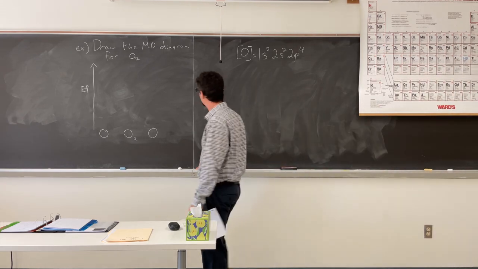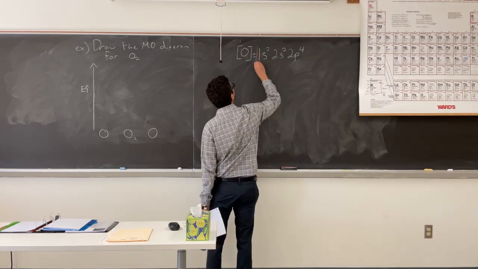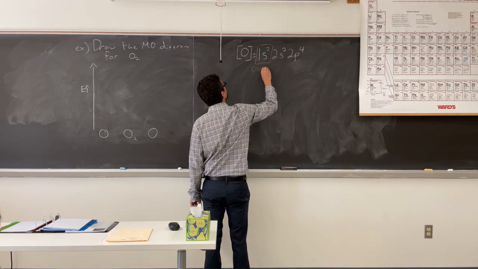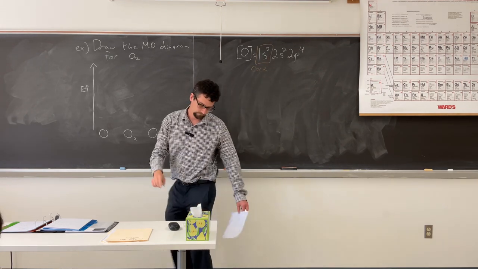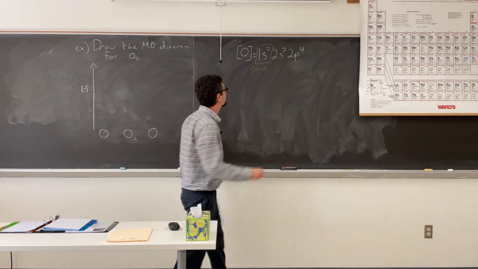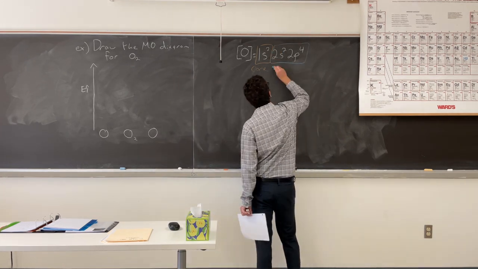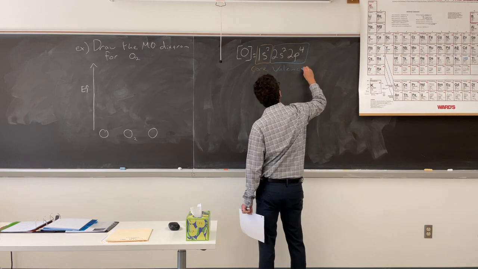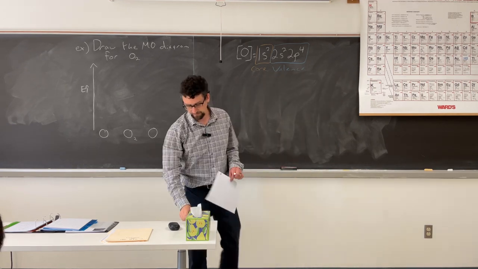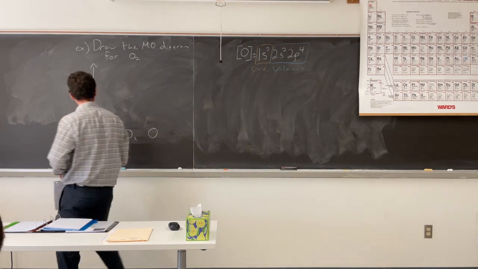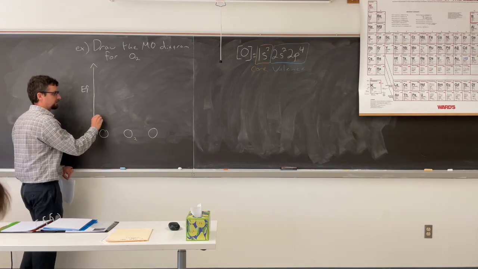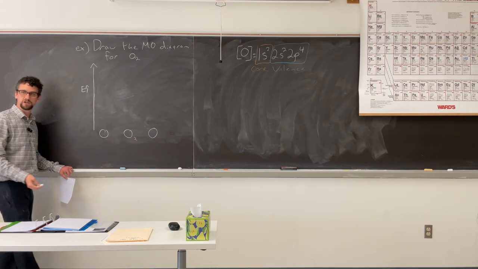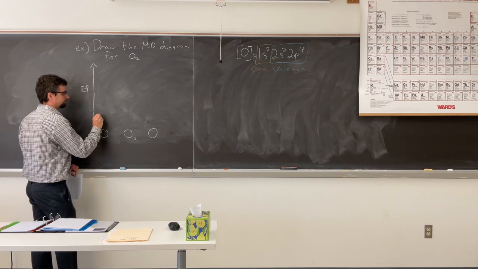Which ones are the core? Here's our valence. Let's just consider the valence electrons. Okay, how many orbitals or atomic orbitals should I draw for each oxygen?